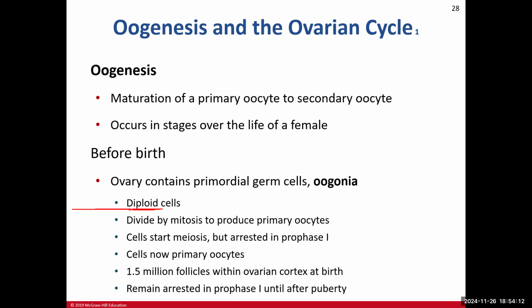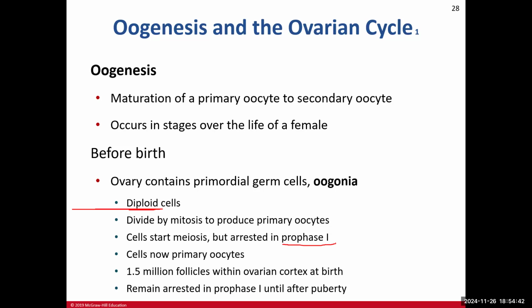Okay. And then you are born with those cells stuck in prophase 1. At that point, they're no longer called primordial. They are now referred to as primary oocytes. Then we'll see the development of the granulosa cells initially, and once they develop into that cuboidal configuration, now they're a primary follicle.